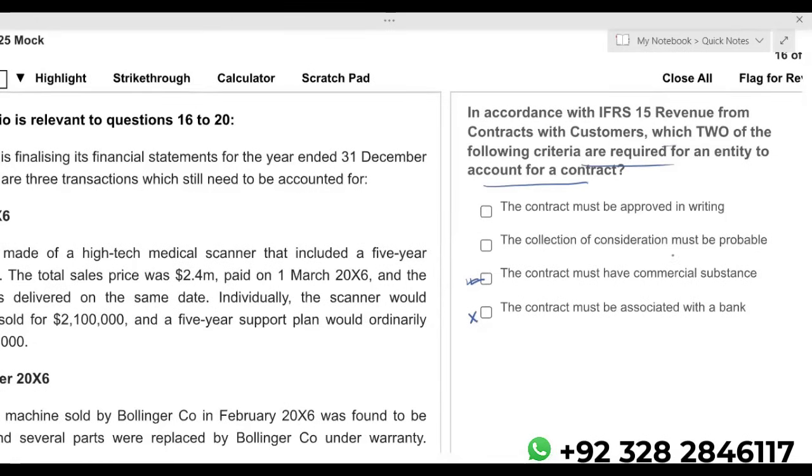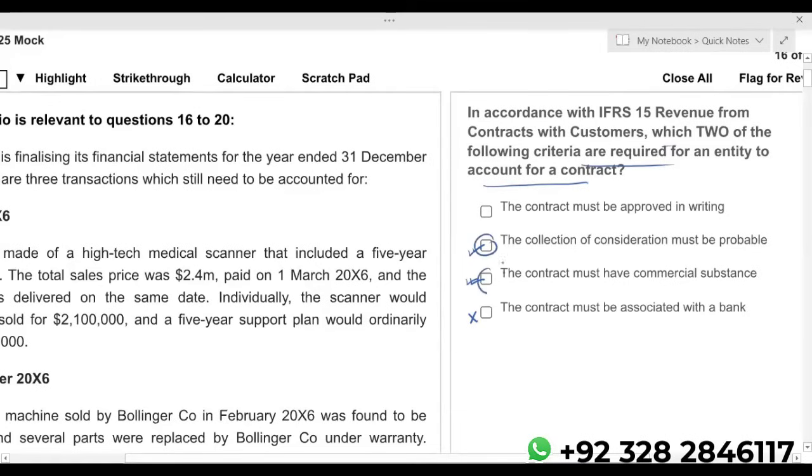The collection of consideration must be probable. After providing services, delivering goods, the collection of consideration should be probable. Only then you can recognize the revenue, otherwise not. So read it again. Which two of the following criteria are required for an entity to account for a contract?